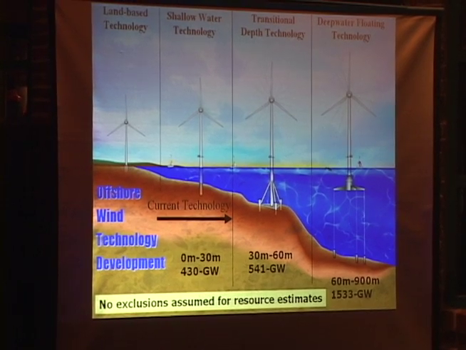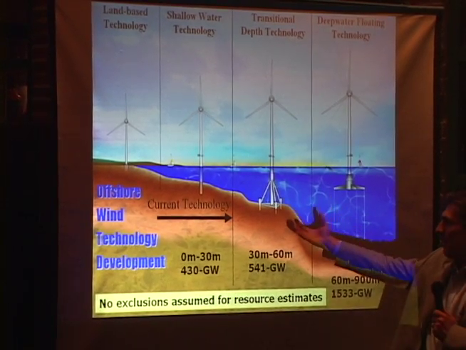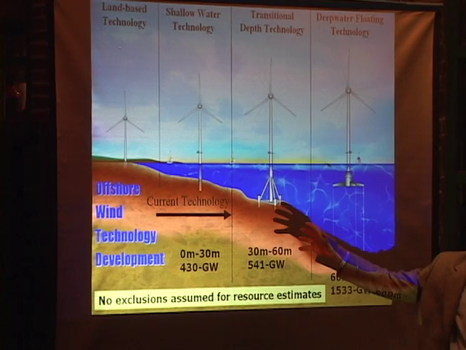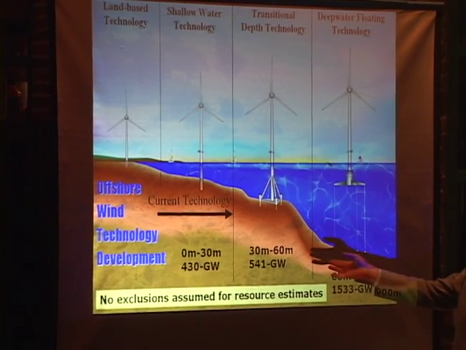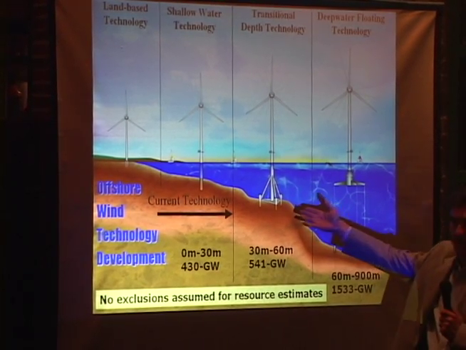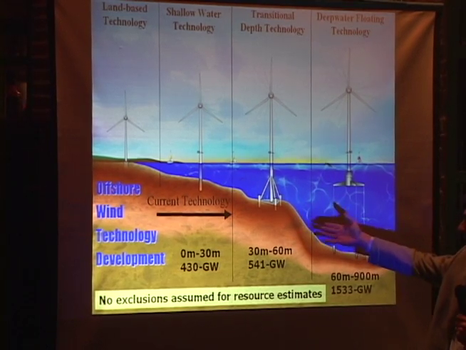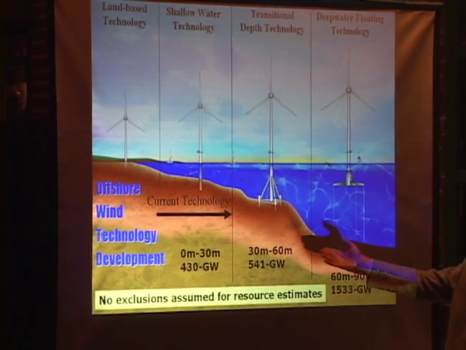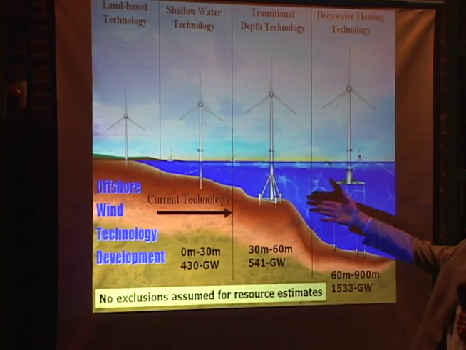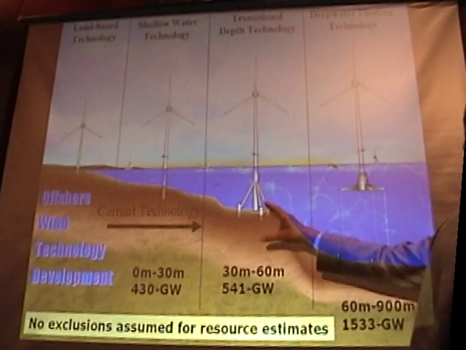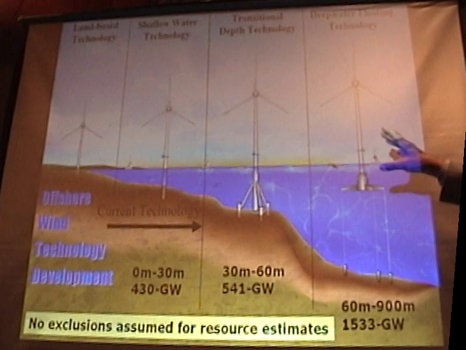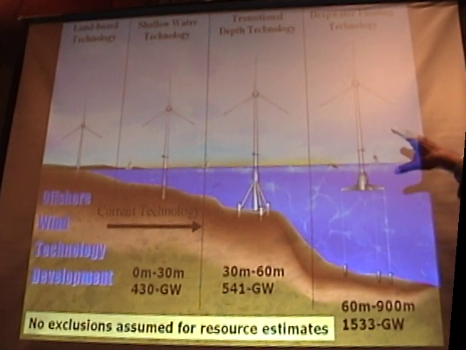If you go beyond that, you need something different. You need a foundation with a tripod or a broader base. It's not so exotic, though. It's something the oil and gas industry uses regularly. It's just a matter of getting the cost down of the equipment to install it and the fabrication of the system. But basically, as these machines go out like this, they'll get bigger.